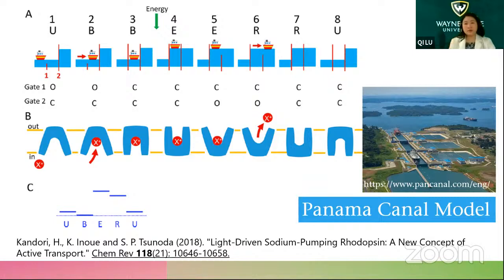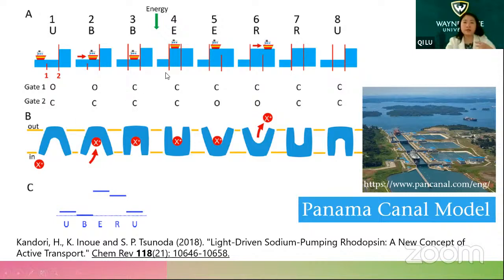When I see this model, I think it's quite clever. A pump always takes some energy to pump ions or cations from a low concentration area to a higher concentration area. That's how a pump works, and a pump requires energy.